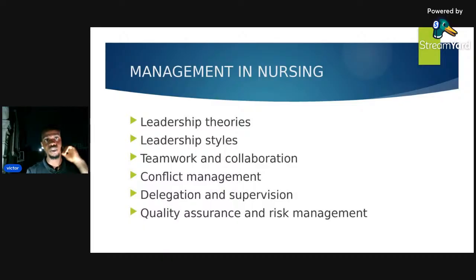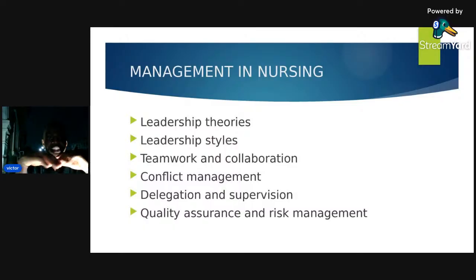Then the last one, which is management in nursing. This will tell us about different types of leaders, their leadership style. Are they autocratic? Are they democratic? For autocratic, whatever they say is the final say. You have no input to add. But for democratic, they collect input from each member.